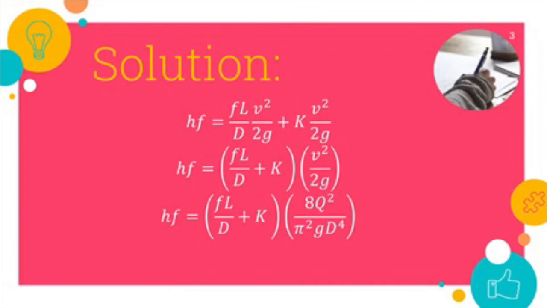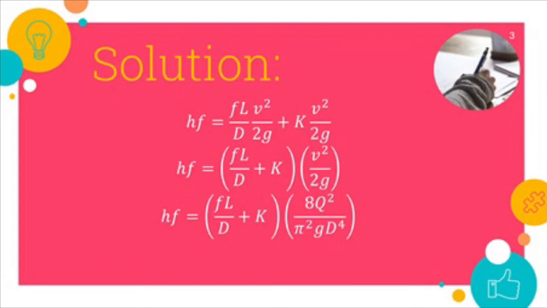So for question number 1, first, we need to find the head loss on each pipe. The formula that I use is by adding the major loss and the minor loss. So HF is equal to FL V squared over D times 2G plus K V squared over 2G.